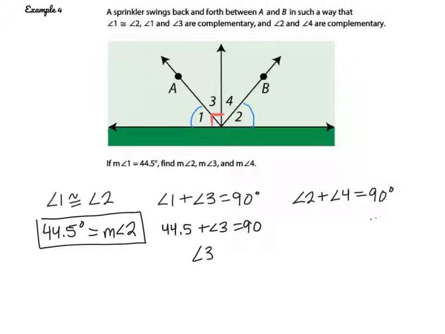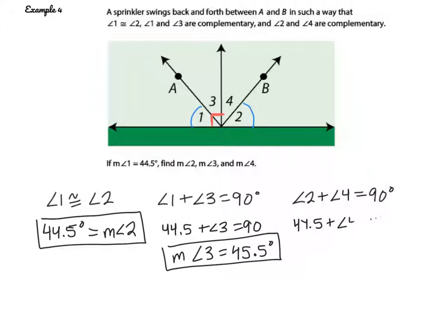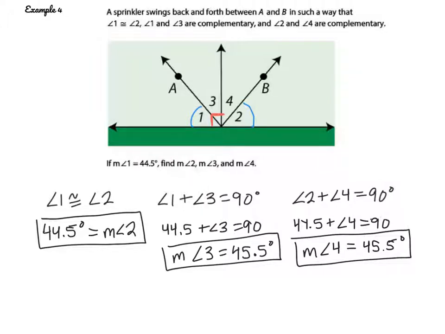So if I solve for angle 3, I get the measure of angle 3 is 45.5 degrees. And then here, we've previously shown that the measure of angle 2 is 44.5, so I can substitute that into this equation. So I can say 44.5 plus angle 4 equals 90, and I get the measure of angle 4 will also be 45.5 degrees. And there you have it.